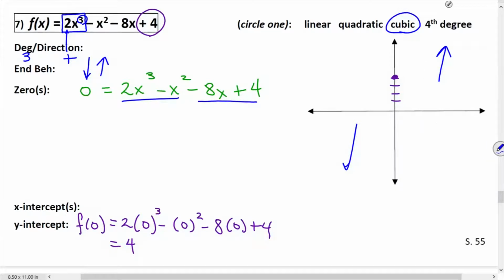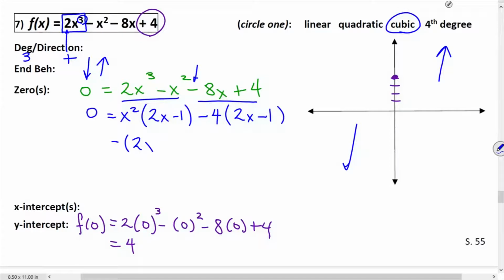The GCF of the first two terms is x squared, and I get 2x minus 1. And the GCF of the second two terms, well, this is negative, so I pull out a negative 4. I'm left with 2x minus 1. And then in both terms I have a 2x minus 1, so I pull that out in front. Don't lose my 0. 2x minus 1, and then I'm left with x squared minus 4.